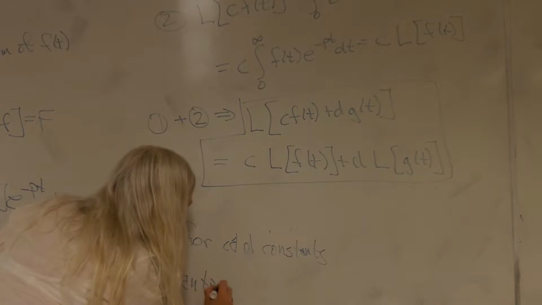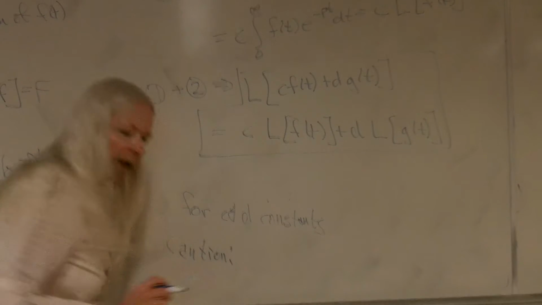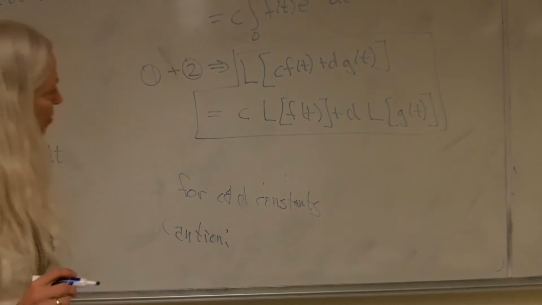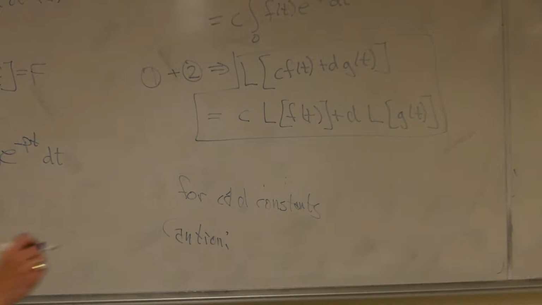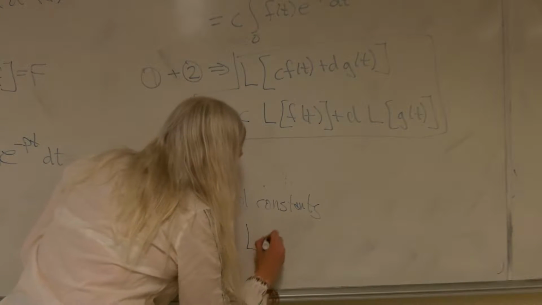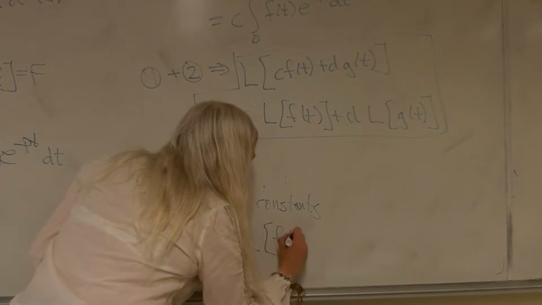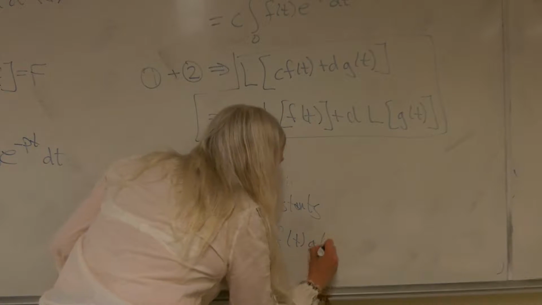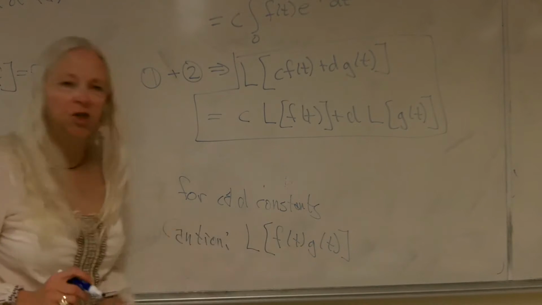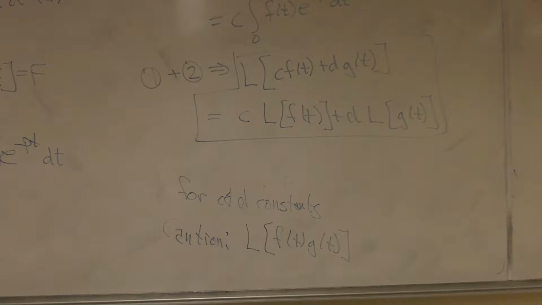Just one word of caution, though. Based on this result, you might be tempted to guess that if you similarly had a product of two functions, f of t times g of t, and you wanted the Laplace transform of that product, that this is the product of the Laplace transforms, but it's not. Okay?